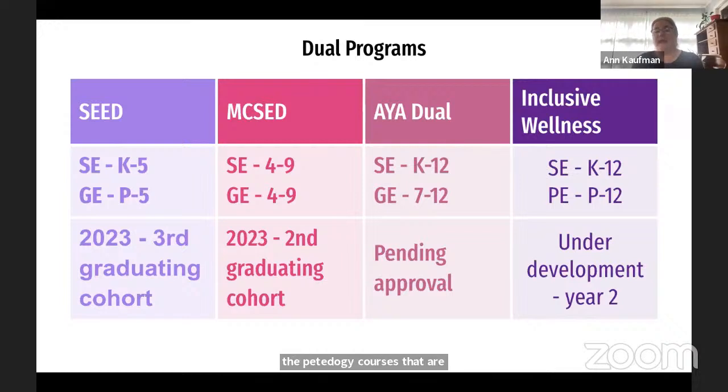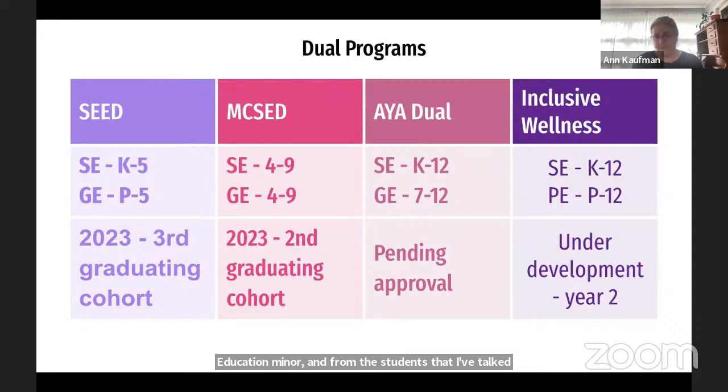But then this is one where students will have a choice. They can choose to add on the special education minor, and if they do, they would be dually certified as well. So the AYA program is the only one where students choose whether to add that special education minor. From the students I've talked to, I think most of them would want to do that.